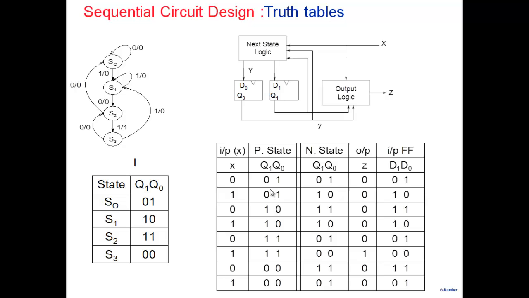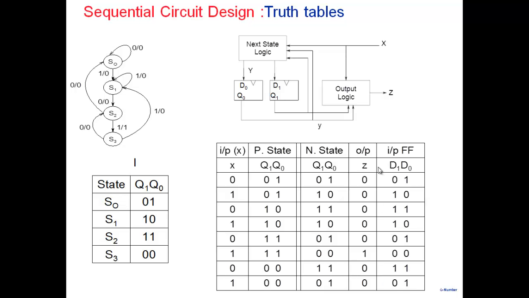Similarly, we take state 1, 0, S1, and look at it when we get a 0 or a 1. Then we look at the state S2, which is 1, 1, and the last state, 0, 0, for inputs 0 and 1. We write down the next states, the output values, and the required D1, D0 values.